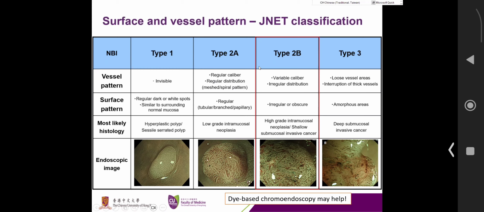So in fact, if you determine a lesion can be potentially type 2B, or in between whether this is a classical type 2B or a type 3 cancer, then we will use dye-based chromoendoscopy to further determine that, because we will have a better look at the pit pattern, or what we call the surface pattern.